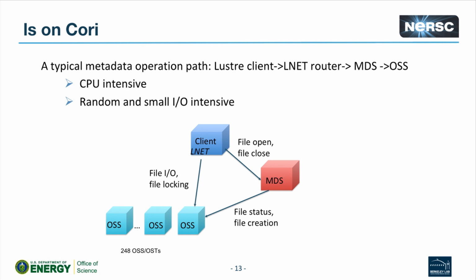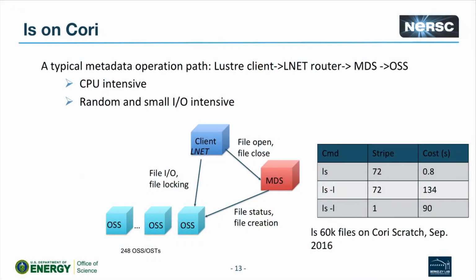The path includes multiple hops, from the Lustre client to the LNet router, and then to the metadata server. And sometimes it will also go to hundreds of object storage servers. So for one query, if it goes through all the paths to the object servers, you can imagine the communication overhead is larger than simply querying the metadata server.